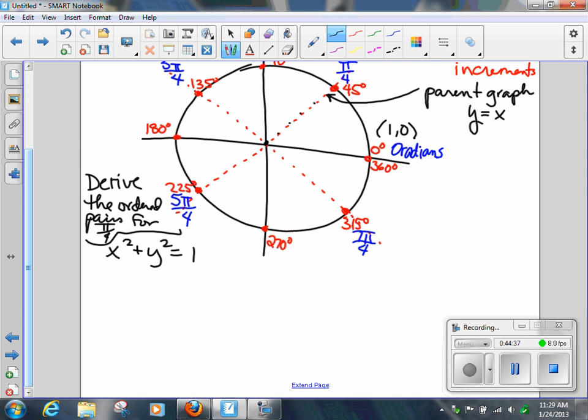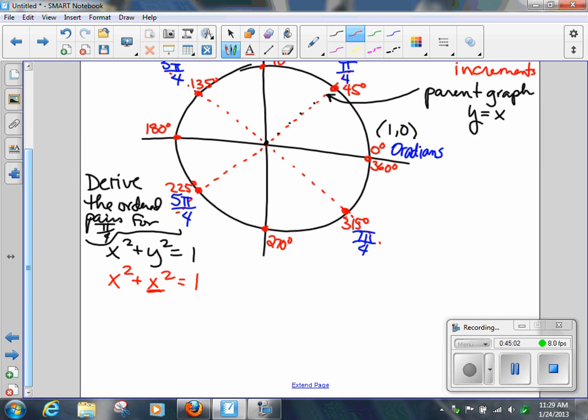Well, if the x term and the y term is the same, then can't I substitute and say x squared plus x squared is 1? Because according to that function, it said y equals x, didn't it? So whatever the x value is, the y value is. Do you agree with that?